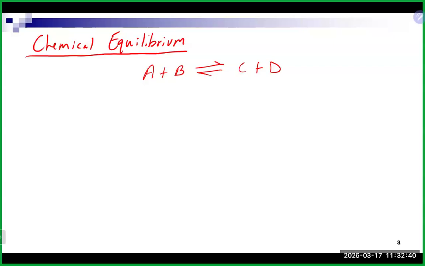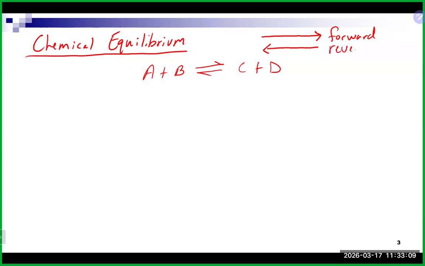The two directions are commonly referred to this way: if you're heading from reactants towards the product side, that is what is referred to as the forward direction of this reaction. What will happen in these types of reactions is at some point you will build up enough products that the products will then come back together and recombine, and start heading in the opposite direction, from products back to reactants.